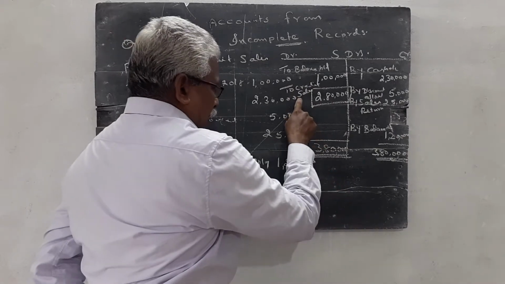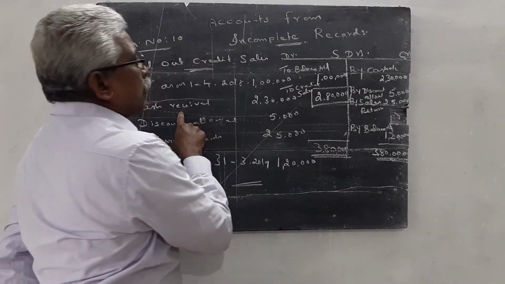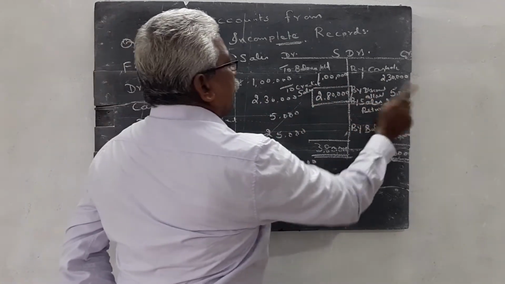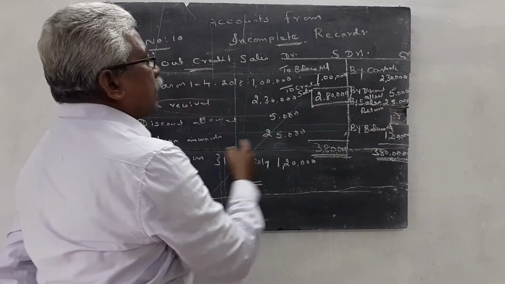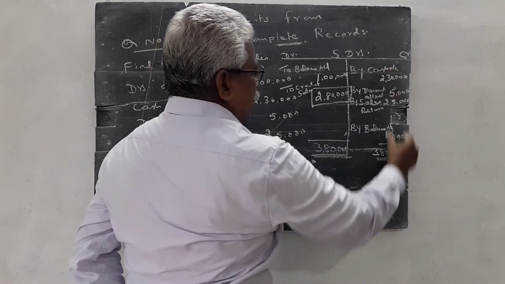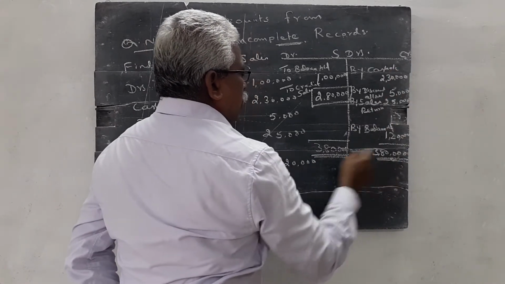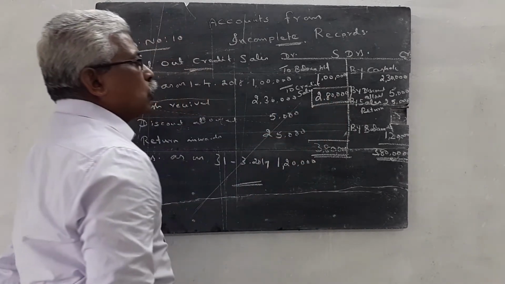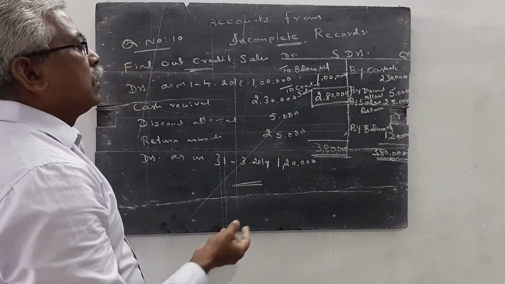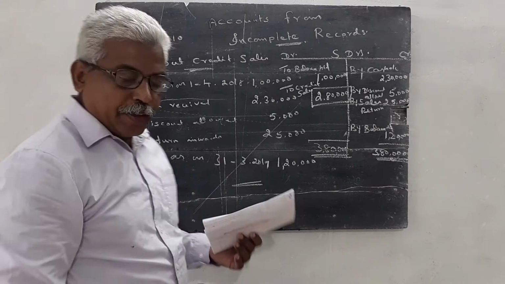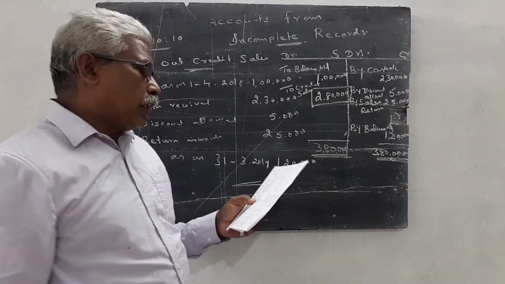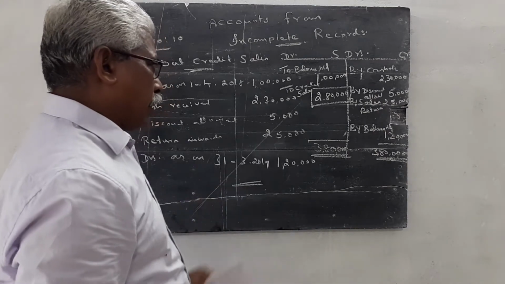This is the answer. So cash received is entered in the credit side. Discount allowed is entered here. Sales return or return inwards is entered here. Total it. Write the total here also. 3,80,000 minus 1 lakh is equal to 2,80,000. This is a very simple question. Sometimes these questions are asked in the examination in the 2 mark question pattern.